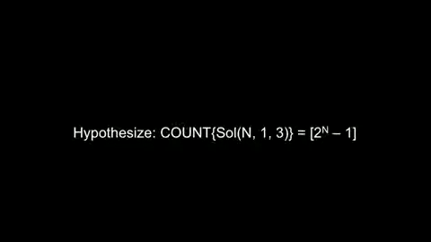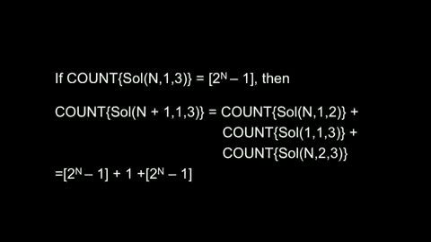Then if we plug back in for the count for an n plus 1 problem, we see, and you see the equation on your screen right now, and we work out the 3 terms on the right-hand side, which assumes that the count for the n disk problem is 2 to the n minus 1, we see that, aha, then the count for the n plus 1 problem is 2 to the n plus 1 minus 1.